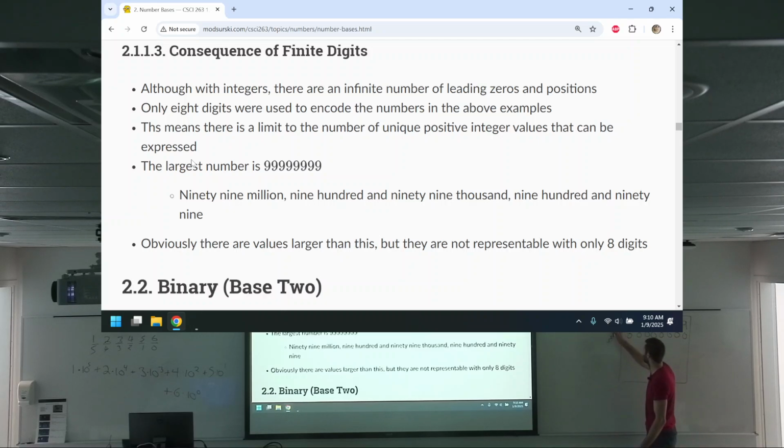So what number comes after 99,999,999? Obviously, we know it's 100 million. But if I don't have that 9th position, what came after? 0, apparently. As far as this page is concerned, it's 0.